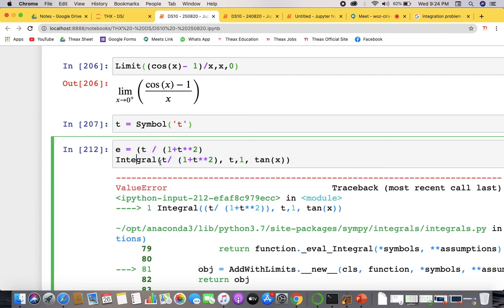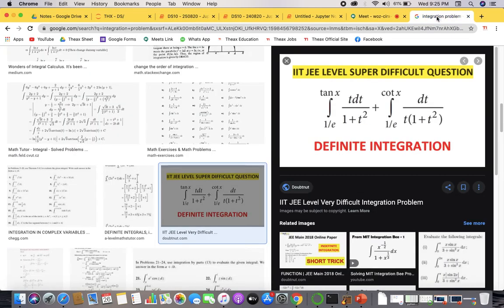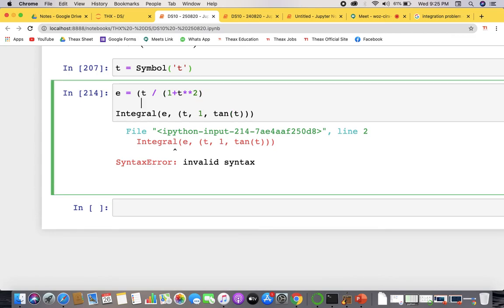So let us take it as an integral, and the limits with respect to this t are going to be from 1 to tan of x. So x was also to be defined up there. It is a difficult one.